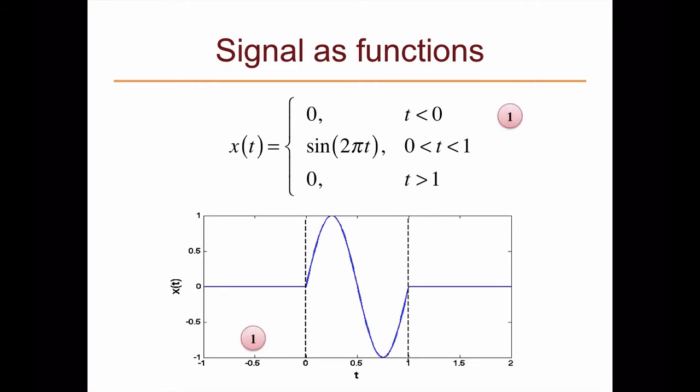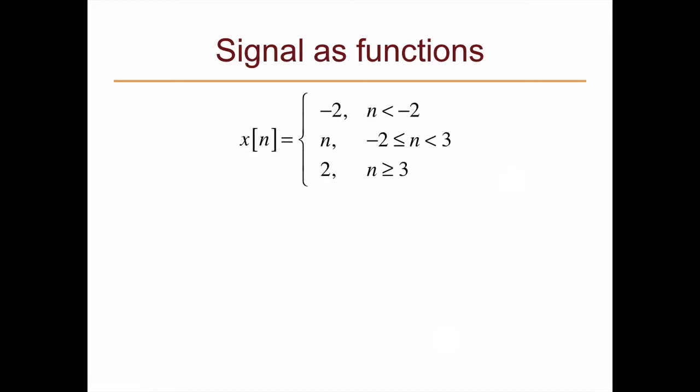In the first interval the value of the signal x(t) is 0. In the second interval, the value will be sinusoidal, sine 2 pi t, when the time is 0 to 1. And in the last interval, when time is more than 1, the signal value is also 0, just like this.